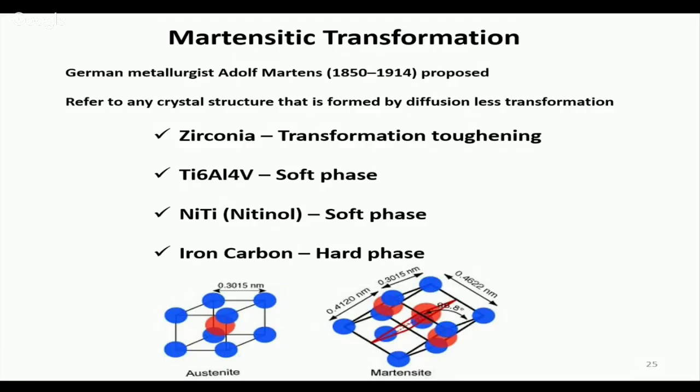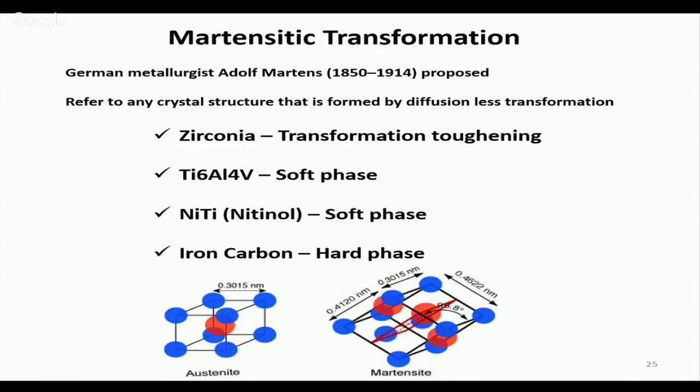This is called Martensite transformation. Have you heard of this property, Martensite transformation? It is a metastable structure, a metastable form, and that helps the material give extraordinary properties. Martensite transformation is responsible for toughening of zirconia.